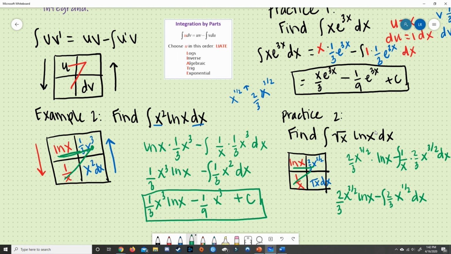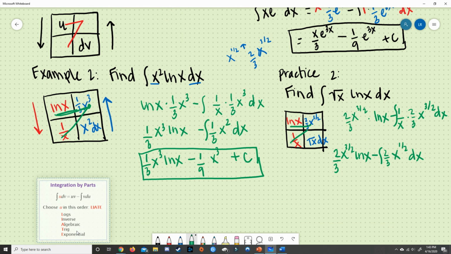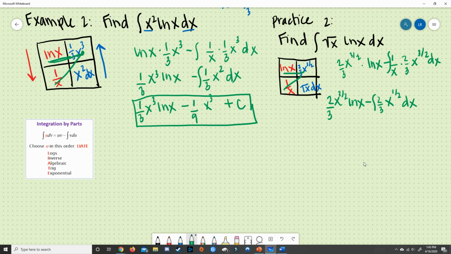When you integrate, you increase by 1, and then you divide by your new number. I'm running out of room. I guess I could move this up. Let's keep moving that picture with us so that we have it.